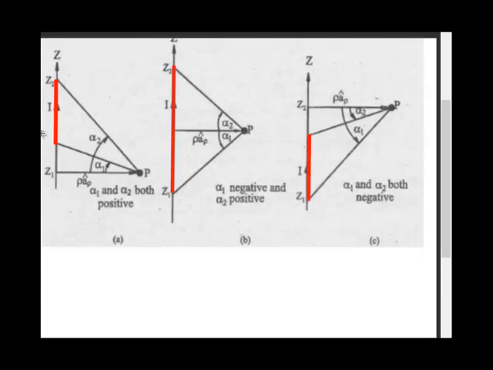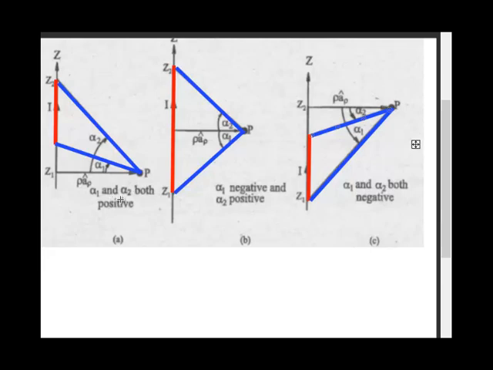So for calculating alpha 1, alpha 2, the radial directions are, in the first case, the radial direction is this. This is first radial, this is second radial. In second case, this is first radial, this is second. And in third case, this is first radial direction, this is second radial direction.